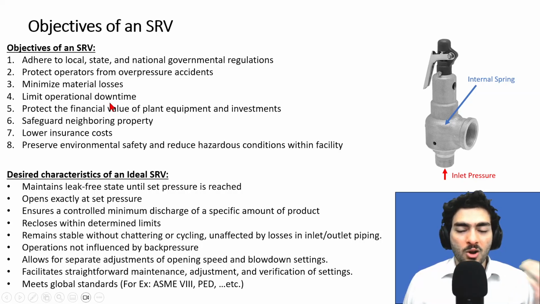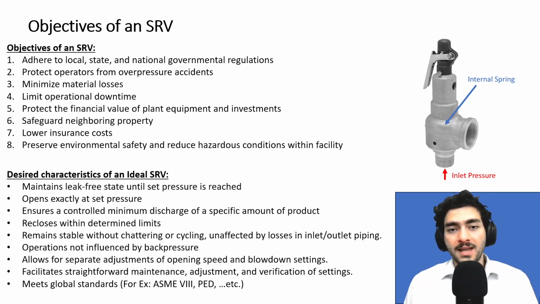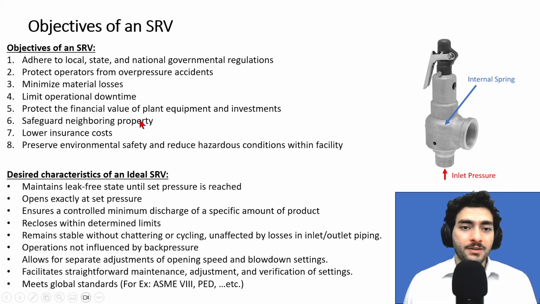Also, you want to limit operating downtime. You want to be able to run your plant back as soon or as quickly as possible. You want to protect the financial value of the equipment itself. You don't want to have your equipment damaged, and so that's why you set the pressure of the relief valve at an appropriate pressure, and we'll go through all of that together as we go through the different standards.